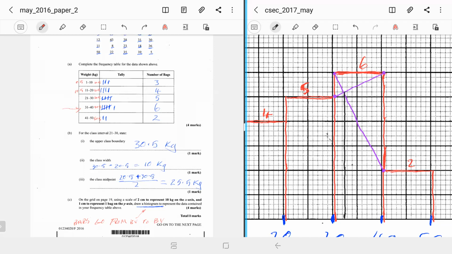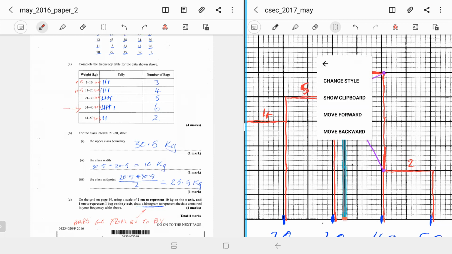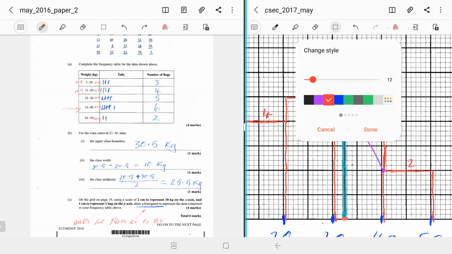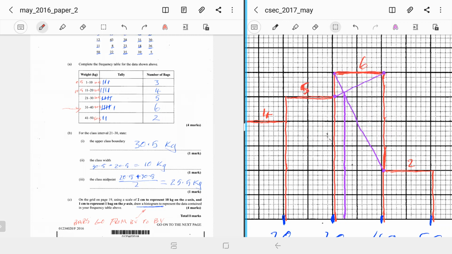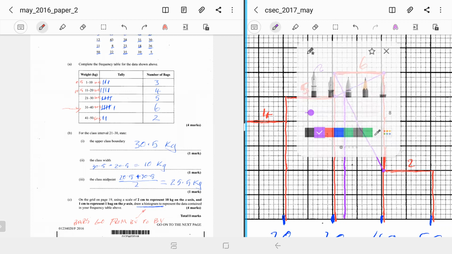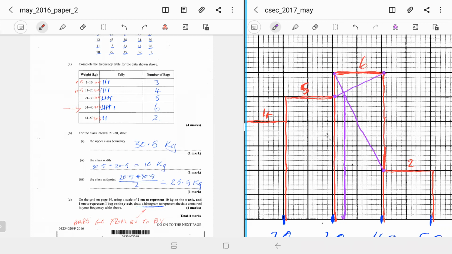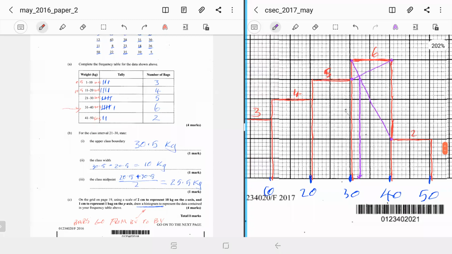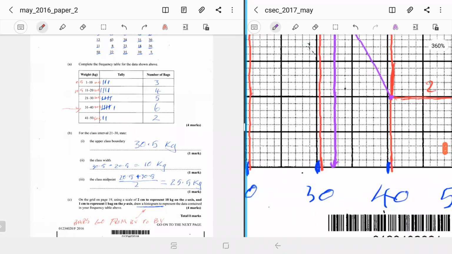I'm gonna change that to purple. Read that down. You read it down here, and you see what it is down here. All right. Remember, every line is 1. So if you look at it carefully, this is 30.